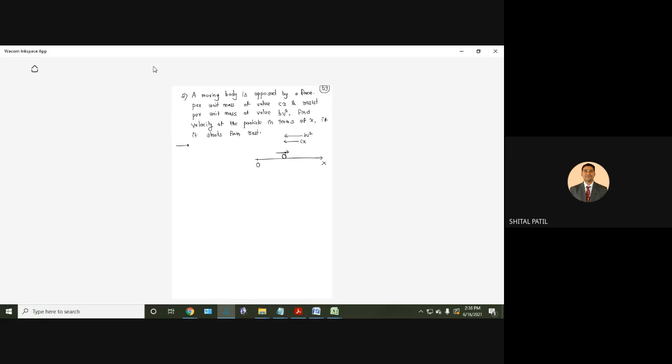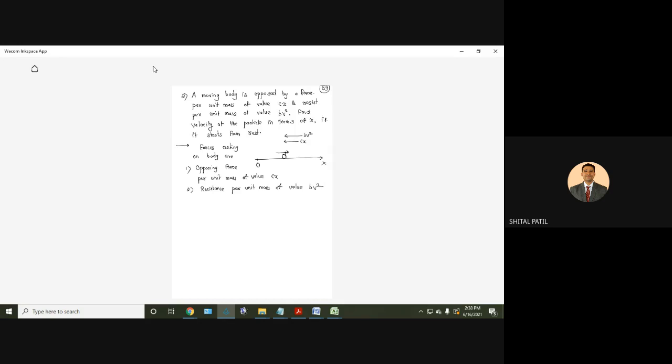Forces acting on the body are horizontal motion. Forces acting on the body are an opposing force per unit mass of value Cx, and resistance per unit mass of value bv square.